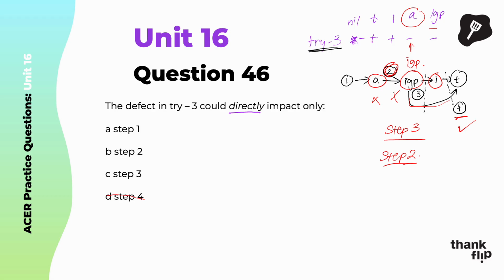And so you would still see growth in IGP. But because you're not seeing any growth in IGP, it means that step 3 is the one that's impacted. Because even if step 2 is working, even if you give it anything prior to IGP, if step 3 is not working, then you'll see this pattern of a lack of growth with IGP and A that's seen in try 3. And so that's why the answer for this one is C.